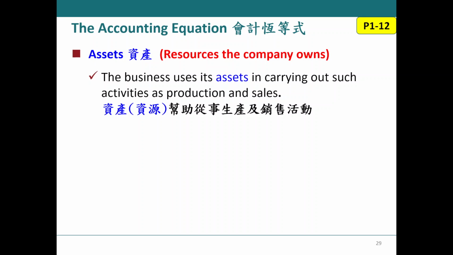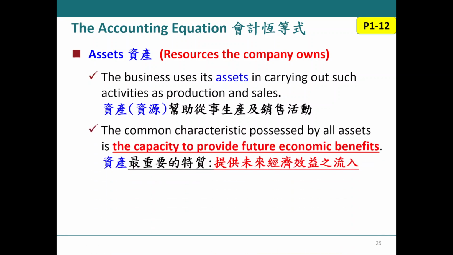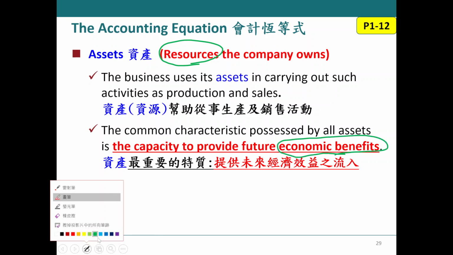Remember, in accounting and finance, benefits are about money, money, and money, right? So this benefit is economic benefits. What is assets? Assets are the resources you have. They will help you to get some economic benefits. Remember, economy means money, money, and money.